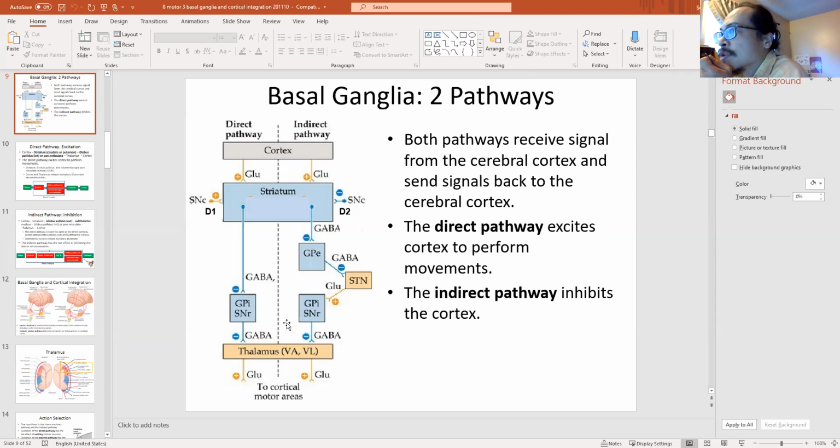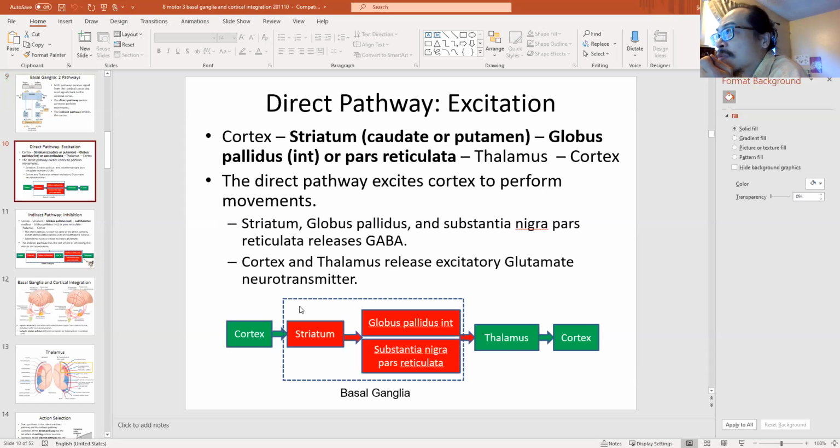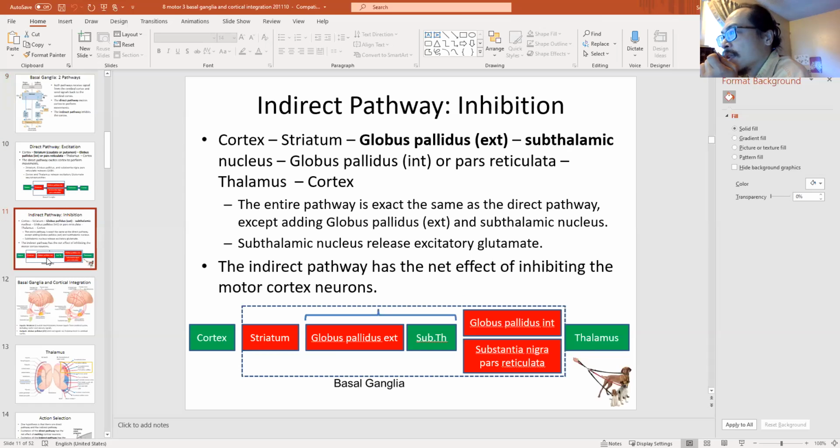And if we look into the block diagram, this one is the direct pathway that we mentioned already. This one is an indirect pathway. The indirect pathway has this new. This one is a basal ganglia: input received by striatum, output is provided by the globus pallidus internal or substantia nigra pars reticulata.